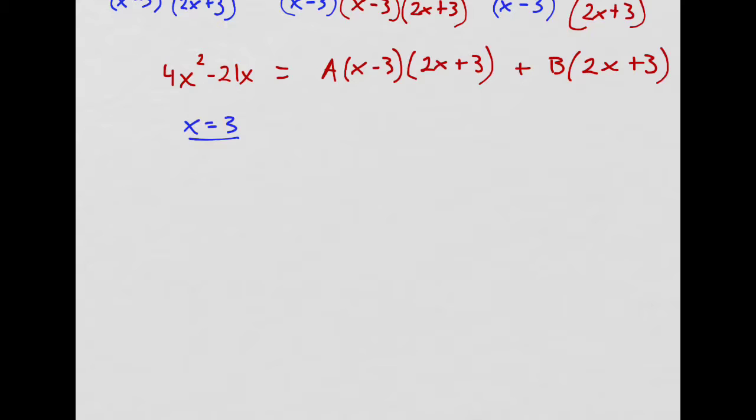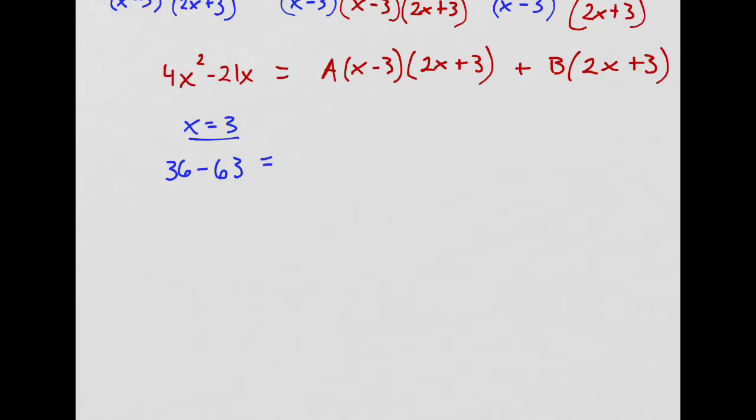So, I'm choosing an x value that'll make some of the a, b, or c coefficients go away. That's what I'm choosing the x for. So, when x equals 3, I have 9 times 4 is 36, minus 3 times 21 is 63.